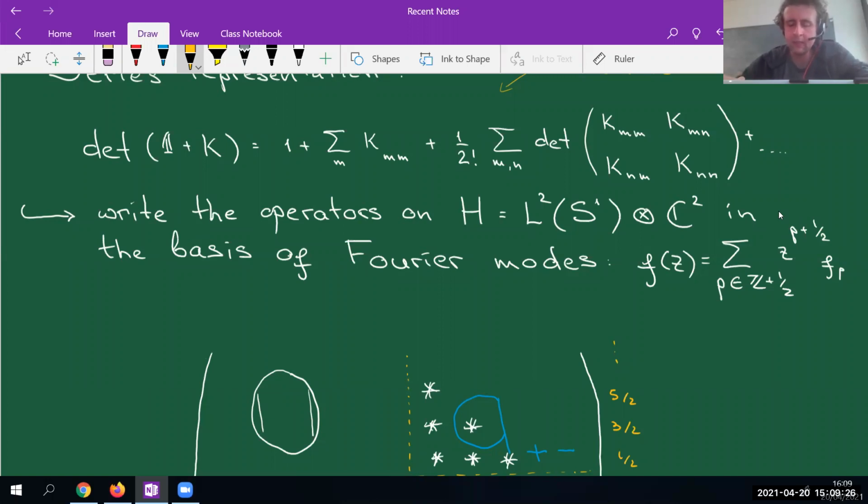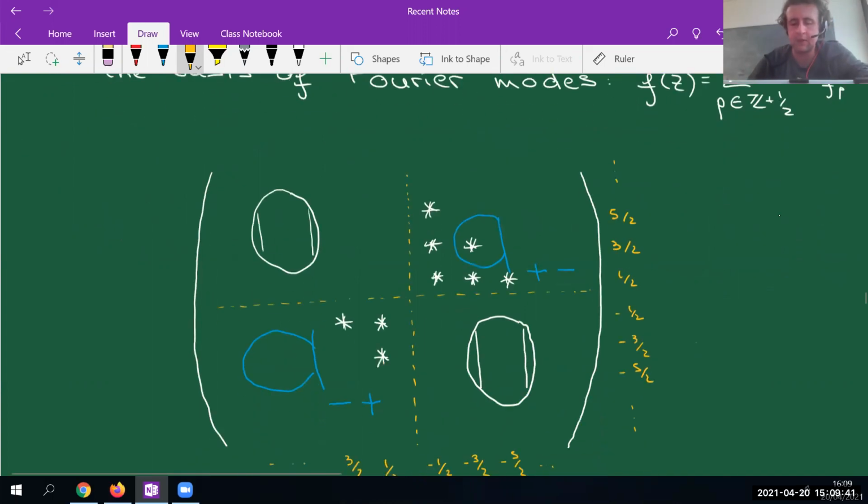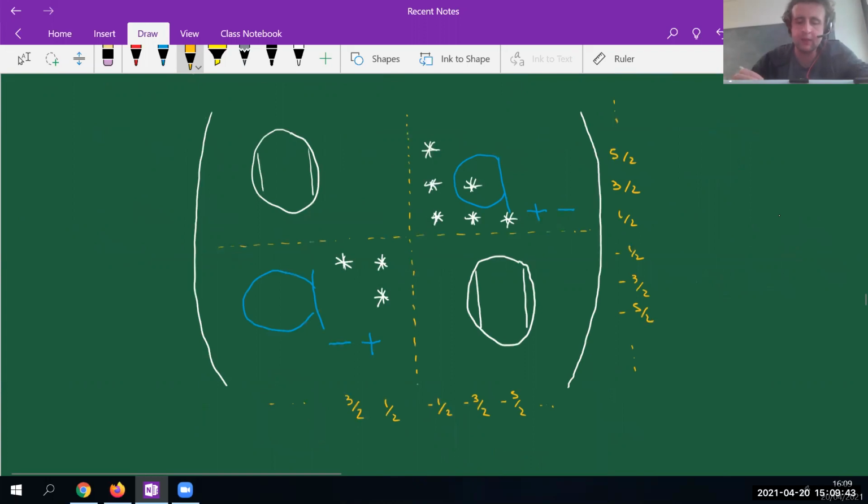But for technical reasons, it is convenient to label the elements of H plus by positive half integers and the elements of H minus by negative half integers. So this is basically the picture. This is the matrix K that we had before, and it is infinite in both directions.